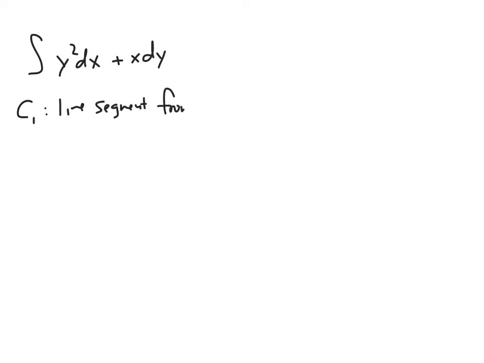In one of the previous videos, we considered the line integral of y squared dx plus x dy, and I computed an example over a curve C1, which was the line segment from the point negative 5, 3 to the point 0, 2.